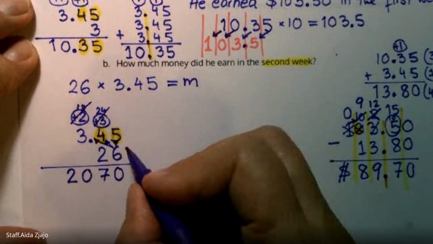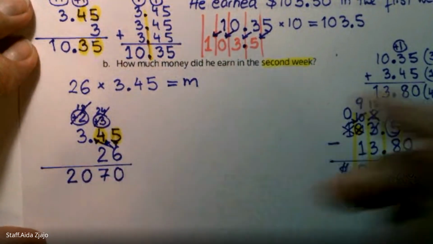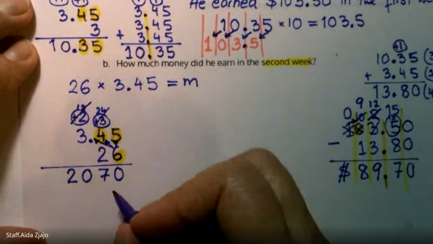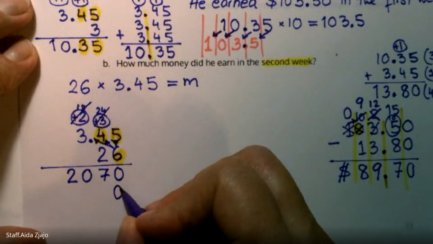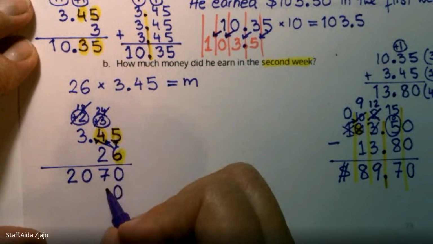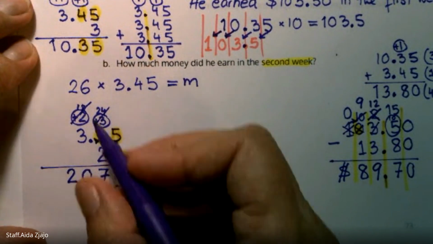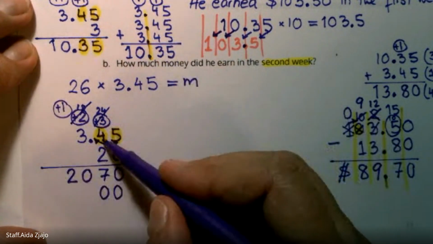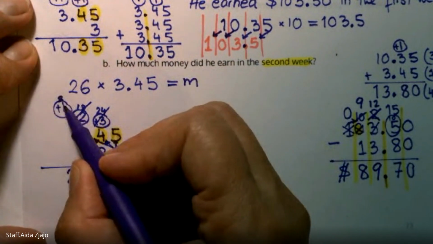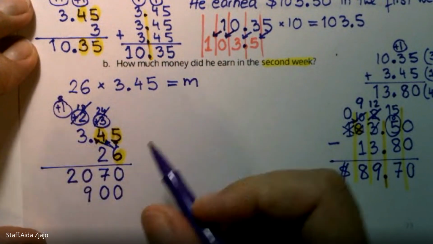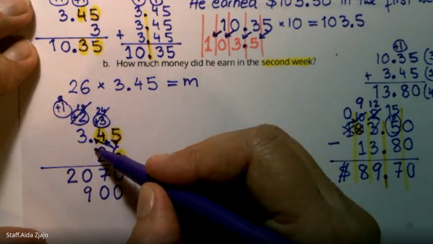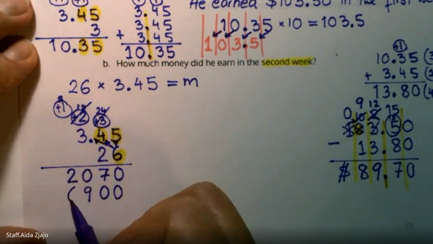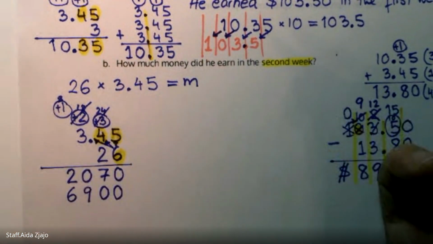So now I'm done with the ones, and now I'm going to put the 0 there. And then 2 times 5 is 10. 0, I remember 1. 2 times 4 is 8, plus 1 is 9. And 2 times 3 is 6. So that is what is in there.